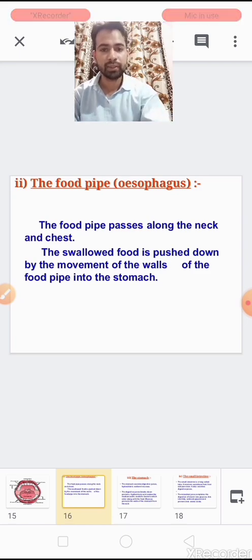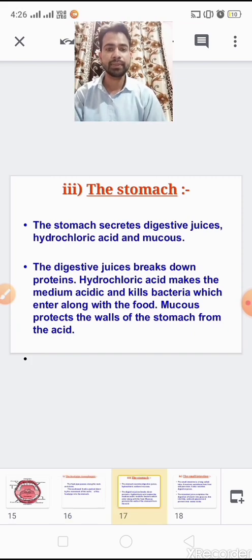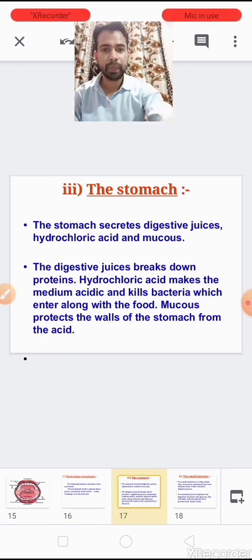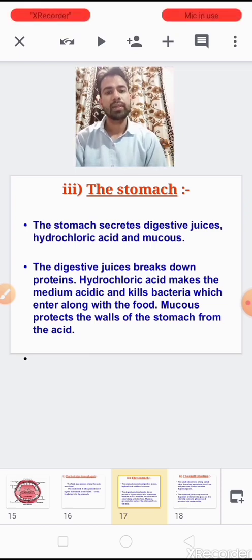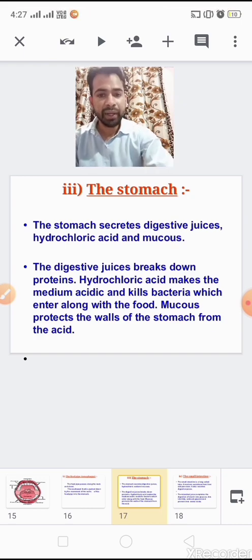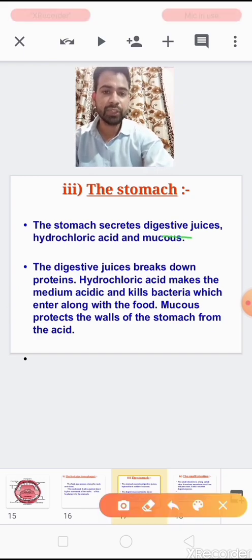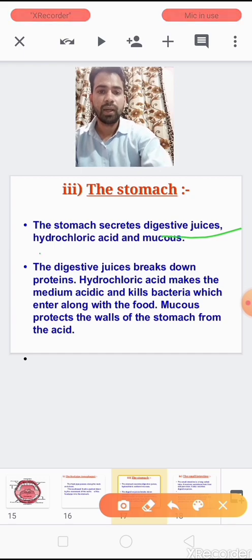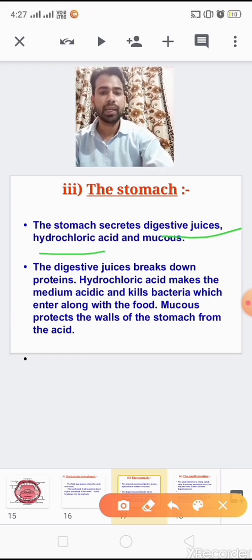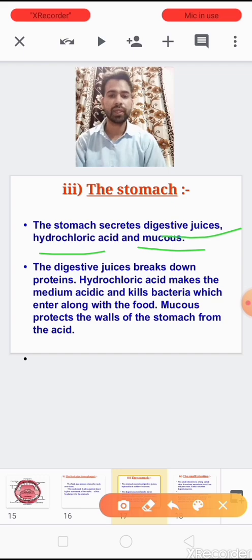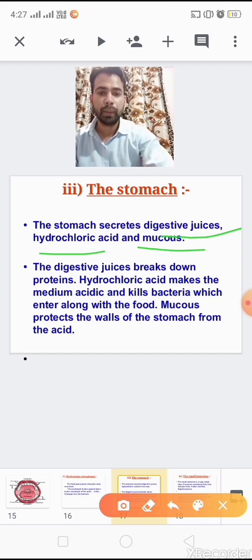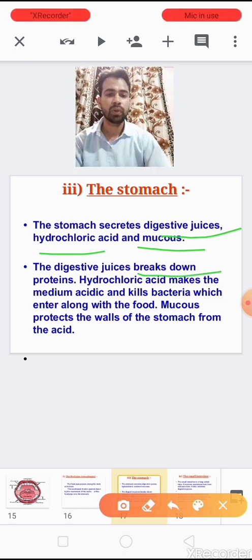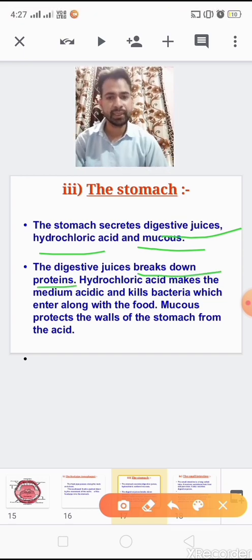Okay children, now next, that is the stomach, the third part of the alimentary canal. The stomach secretes digestive juices, hydrochloric acid and mucus. Okay, the digestive juices break down proteins.